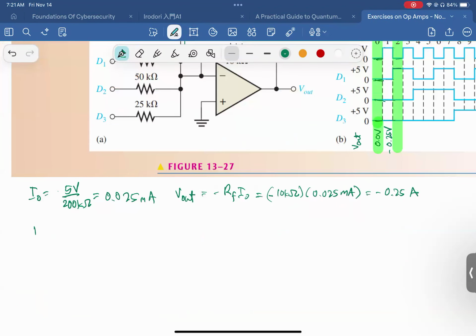So we have I1 equals 5 volts divided by 100 kilo ohms, equal to 0.050 milliamperes.